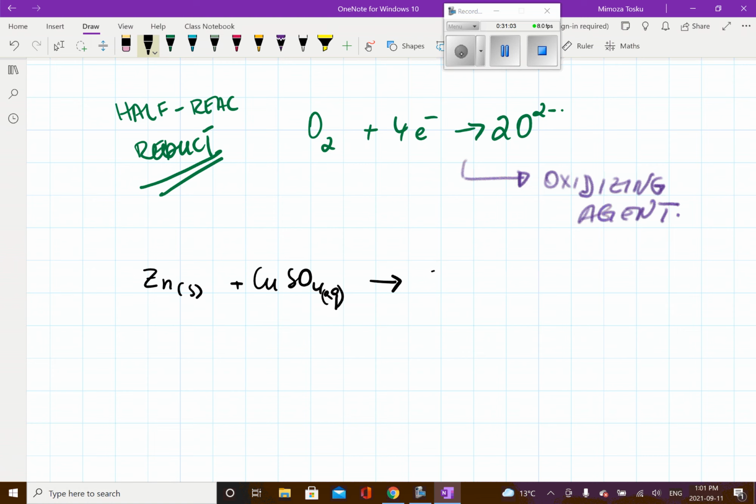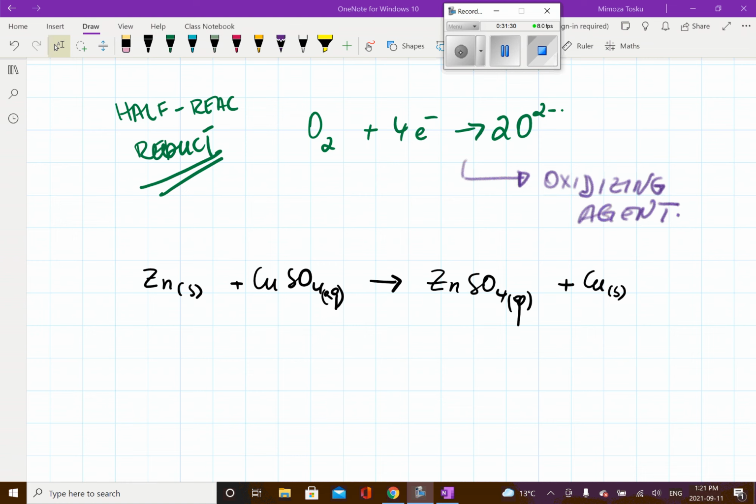So then we will have zinc sulfate plus copper. So if we take a look at this, the occurrence of electron transfer is more apparent in some redox reactions than in some others.